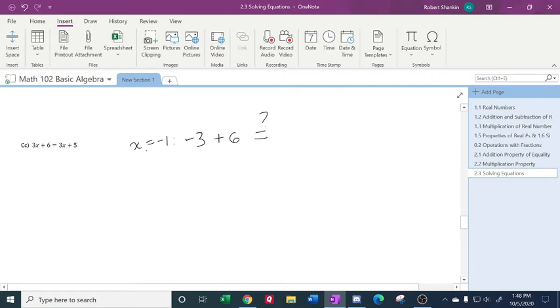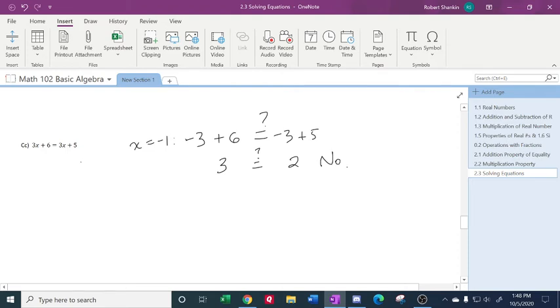Does that equal -3 plus 5? Well, -3 plus 6 is +3. -3 plus 5 is 2. And the answer is no. So -1 is not a solution.